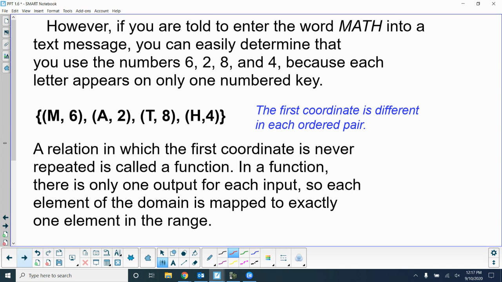In a function, there is only one output, one y, for each input x. So the way I say it, for every x, there's one and only one y. Okay? So we've got relations. We've got a set of ordered pairs. A function is a type of relation. Yeah. Every x has one and only one y. Okay?